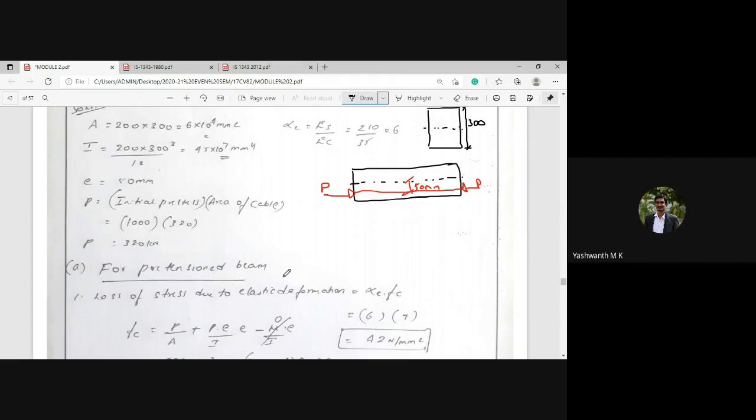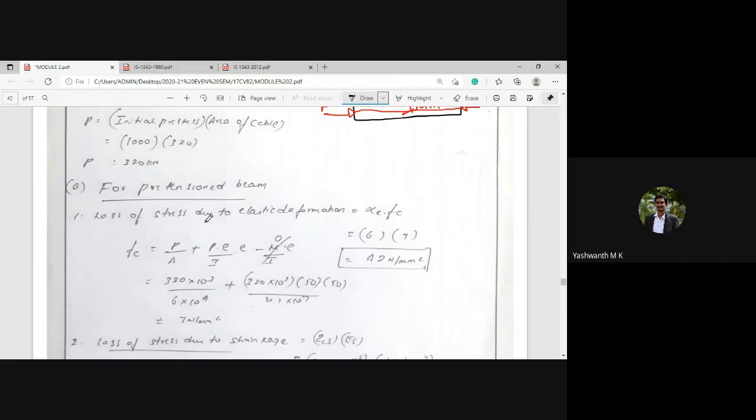First, loss of stress due to elastic deformation, which is given by, you already know the formula, modular ratio multiplied by the compressive stress in concrete at the level of steel, that is alpha E multiplied by FC. We know alpha E, but we don't know FC. How to calculate FC?